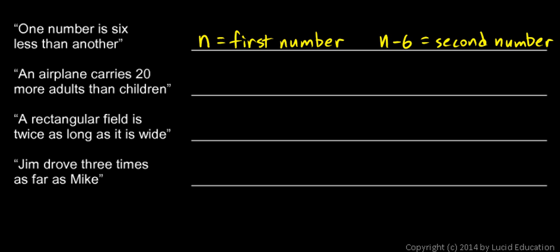Now both of these ideas, the one number and the other number, are both represented in terms of one variable, N. The numbers aren't the same. One of them is N and one of them is N minus 6, but I'm only using one variable, the letter N. In the second example, we're told an airplane carries 20 more adults than children, so I'll say C is equal to the number of children, and it carries 20 more adults, so I can write C plus 20 is the number of adults.